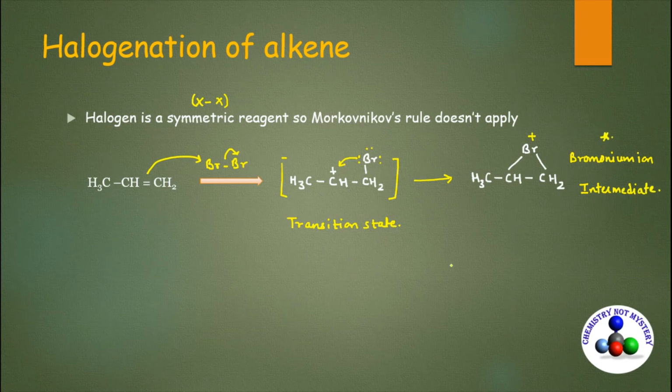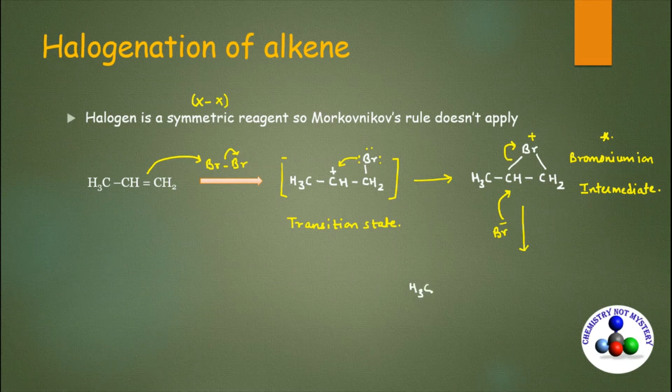Now Br minus acts as a nucleophile. It can get attached to either of the carbons. As Br minus attaches to one of the carbons, at the same time, the previously attached Br plus withdraws the bonding pair of electrons from that carbon.